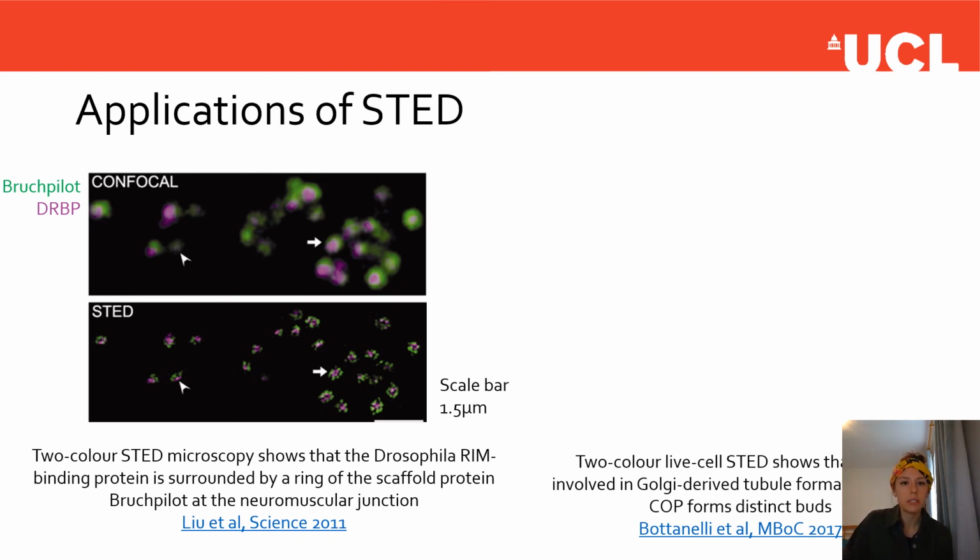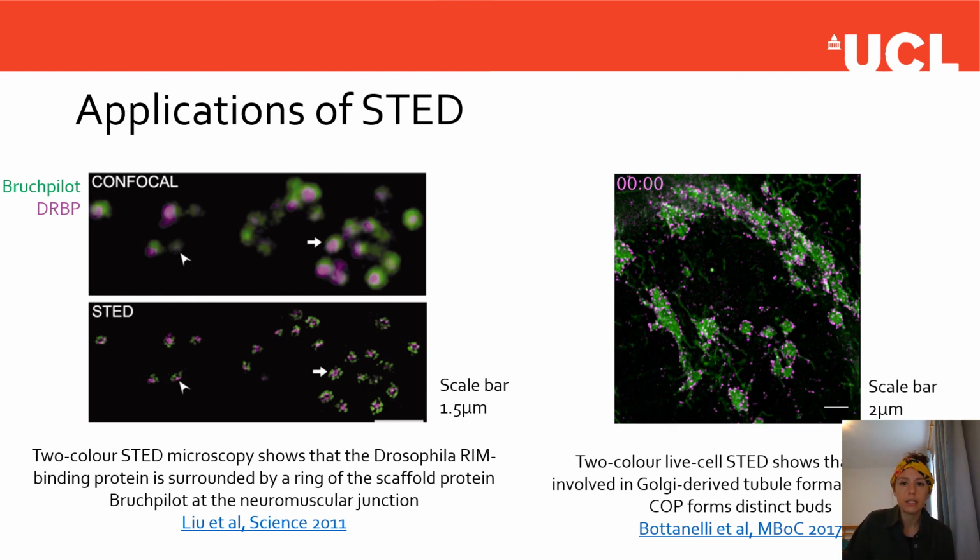In the confocal image, you can see that our magenta protein, Drosophila Rim-binding protein, is co-localized with a larger blob of this green Bruchpilot protein. If we look with STED, what you actually see is it's forming a ring around the central protein. And this could be used for making really exquisite three-dimensional models of this protein macromolecular structure at the neuromuscular junction. Very cool.